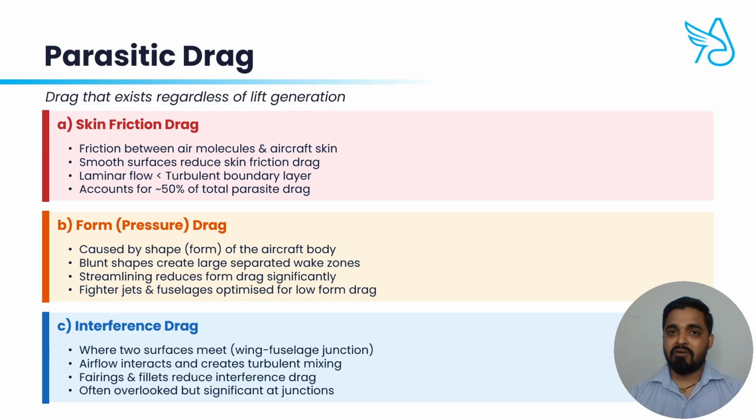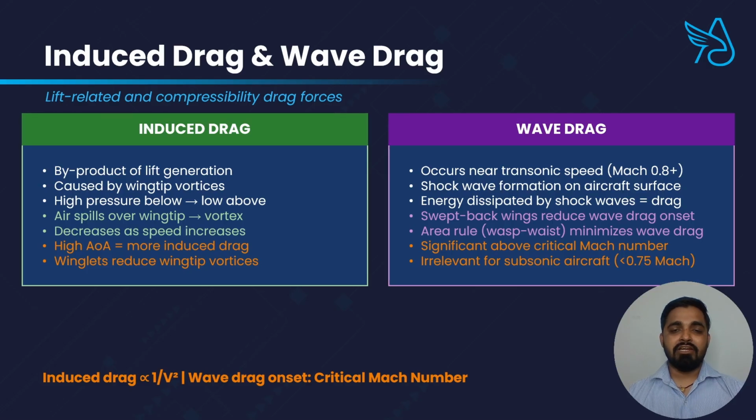The next type of drag is induced drag, and it is a drag that is generated as a byproduct of lift generation. It occurs because high pressure air beneath the wing flows towards the low pressure region over the wing, creating wingtip vortices. And these vortices generate a rearward force that opposes the forward motion.